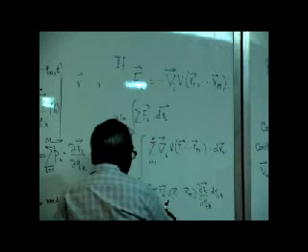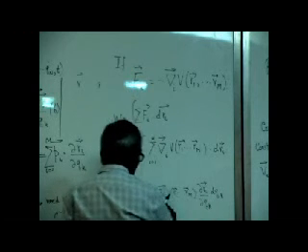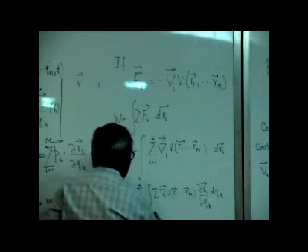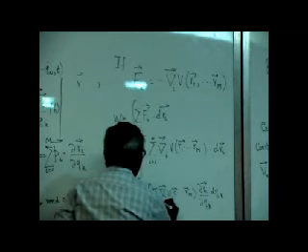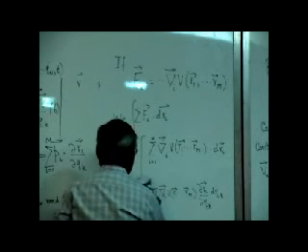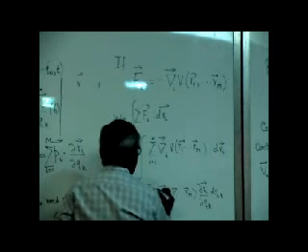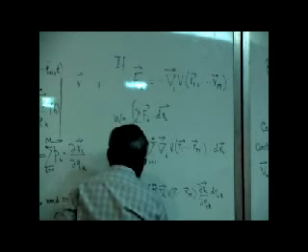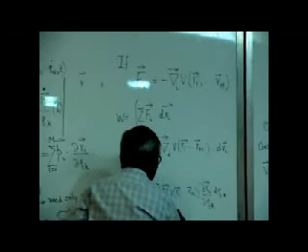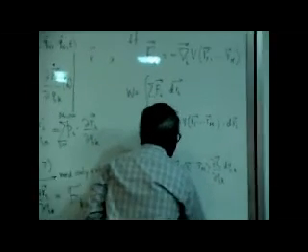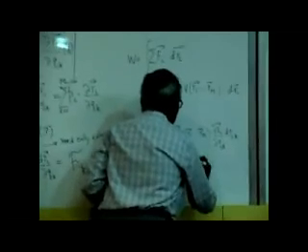So this is del_i V dot dr_i by dq_k. So this I can just sum i going from 1 to m. And this is n, right? So this is k going from 1 to n, integral dV by dq_k.